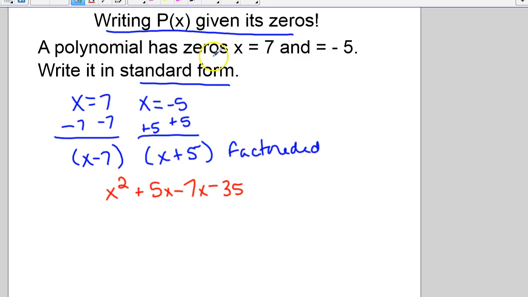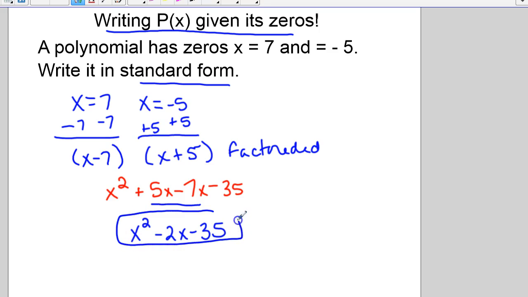While I have multiplied all that out, I have not written it in standard form. Standard form says combine your like terms and put everything together. So this is my polynomial written in standard form. This polynomial has zeros x equals 7 and x equals negative 5.